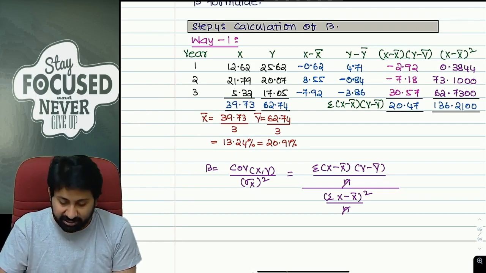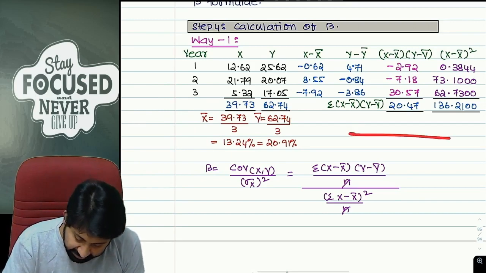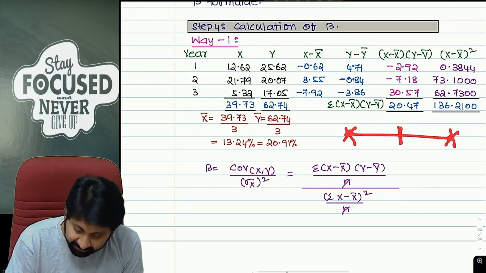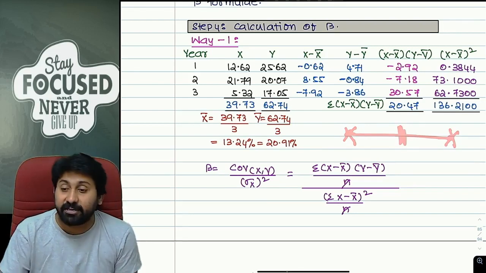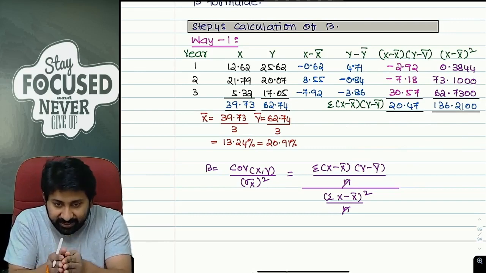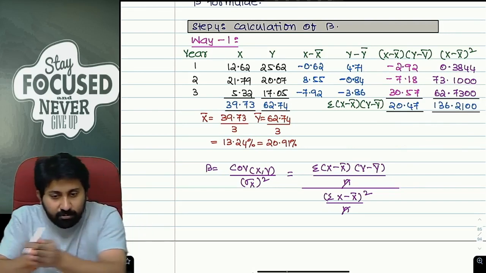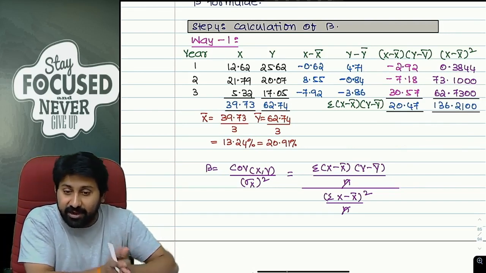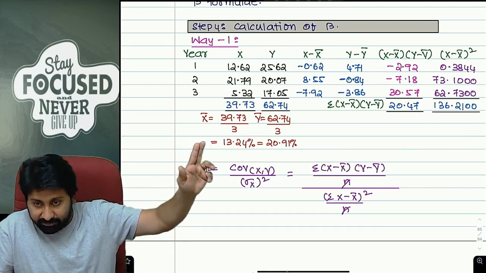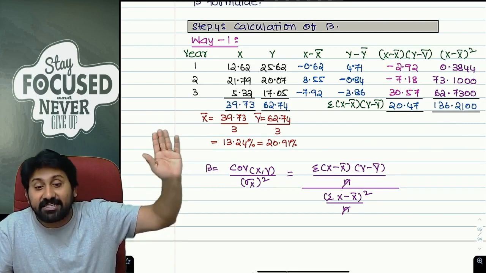The average is not at one extreme or the other; it is somewhere in the center. That's why it's called a measure of central tendency. From the center, it can move to either side, either adding or deducting value. So 13.24 is an average, and there is a deviation for this.